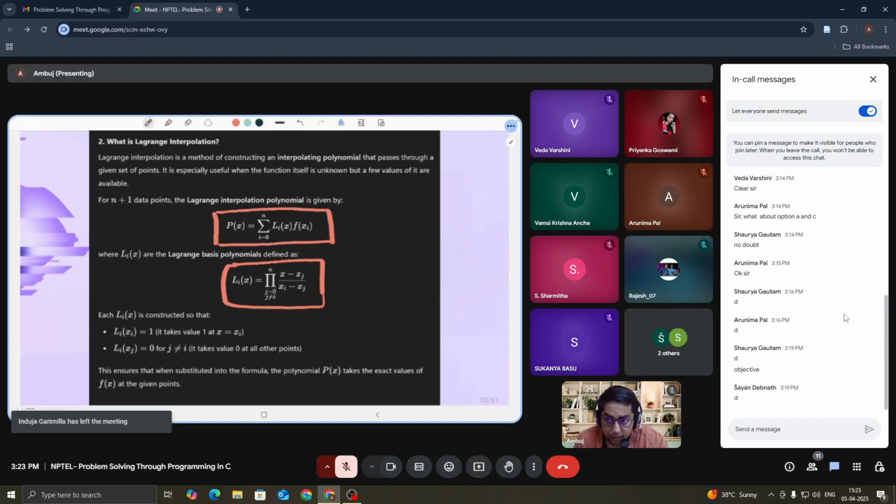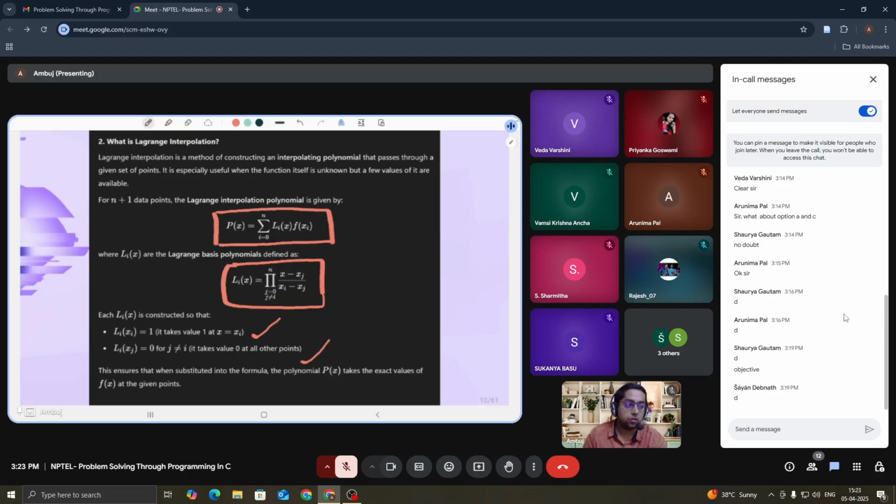Each L i of x is constructed such that L i of x i equals 1, as well as another condition, L i of x j is always equal to 0 for j not equal to i.